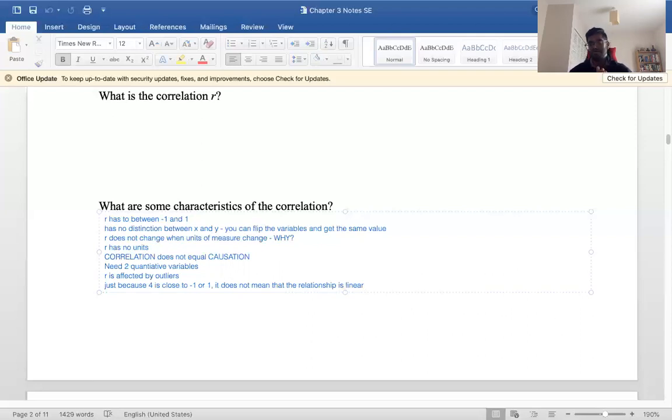There's actually a really good graph in your textbook about this. It has 4 different graphs, all with the same R value, but completely different, right? So one's linear, one's like a parabola, one's pretty random. And so it's really interesting to see. So just because you have an R value of like 0.9 doesn't mean your data is linear necessarily. Okay.